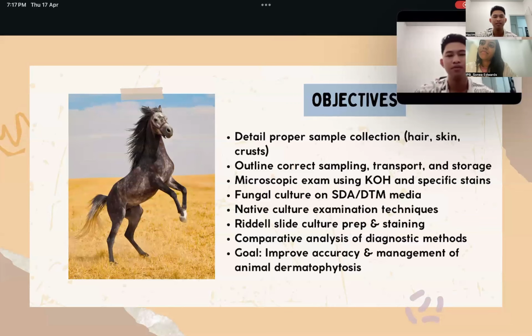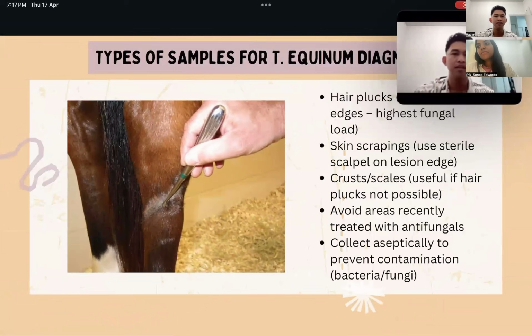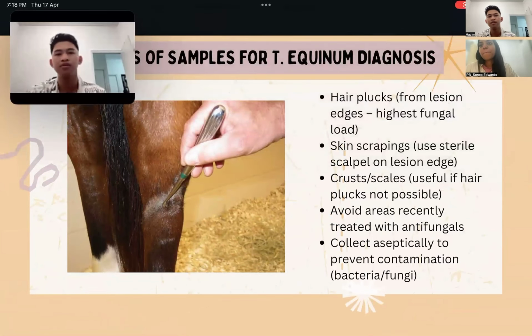So we move on to the discussion. Firstly is the type of sample to be taken. The most suitable samples for diagnosing Trichophyton equinum include hair pluck, skin scraping, and crust or scales from active lesions. Hair pluck should be taken from the periphery of the lesion.